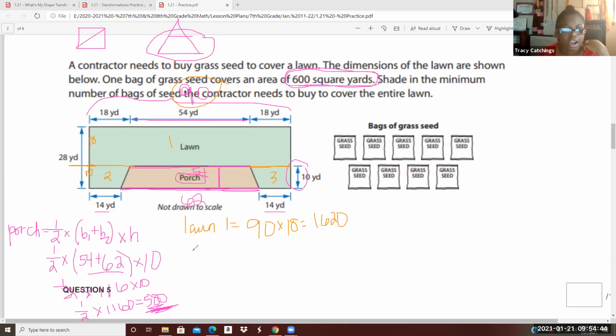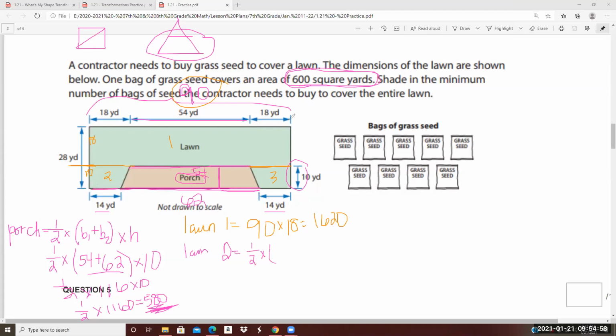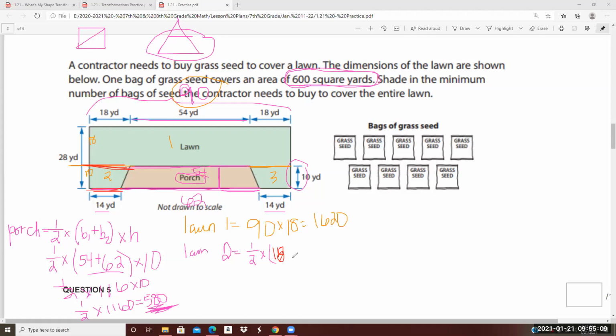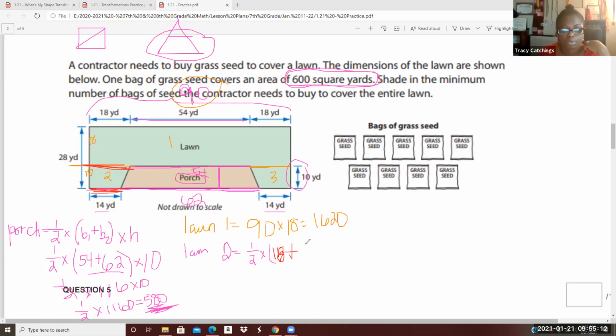All right, line 2, which is a trapezoid. We may want to stick to that formula. What would be base 1? 18. That'll be base 2. What'll be base 1? 14. Good job. And what would be the height? 10.